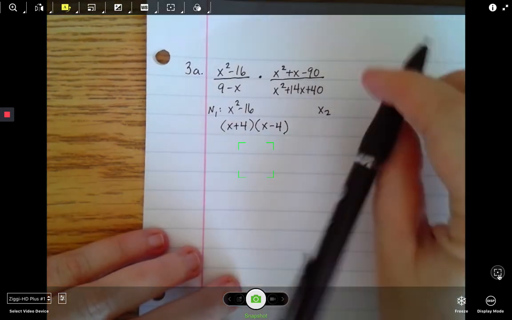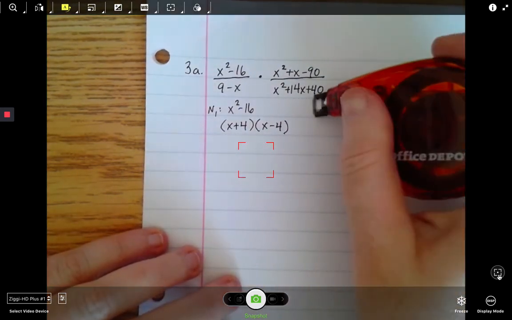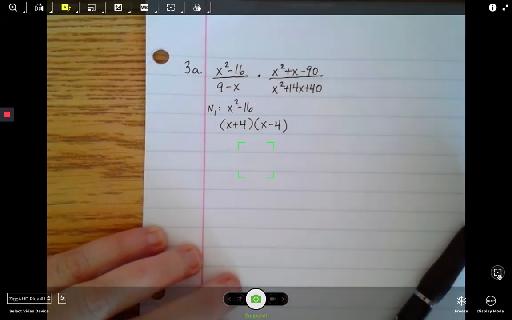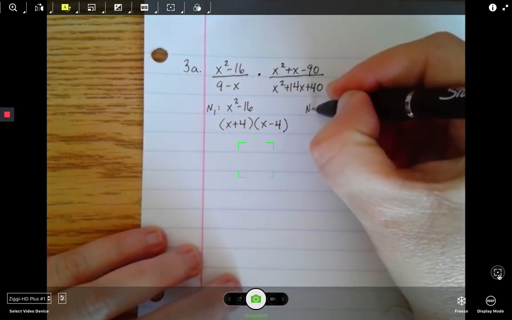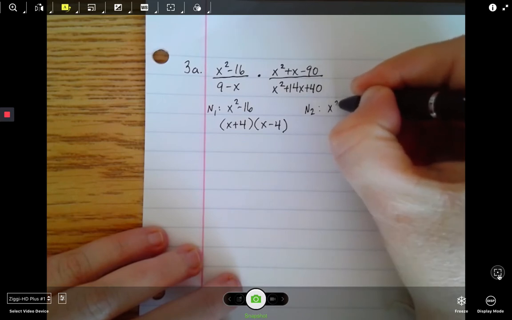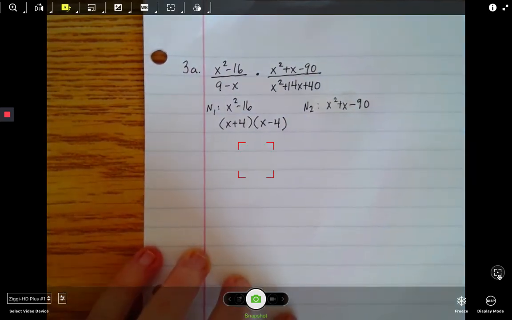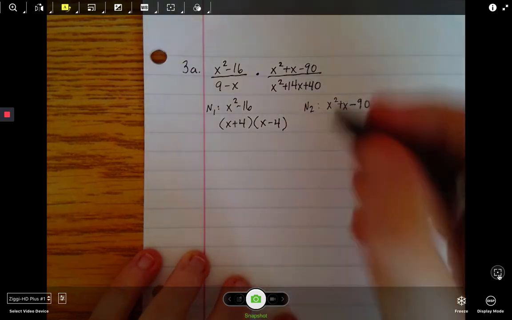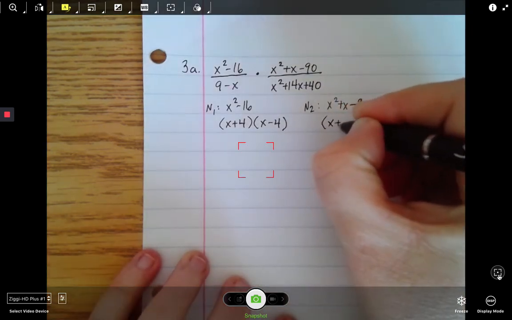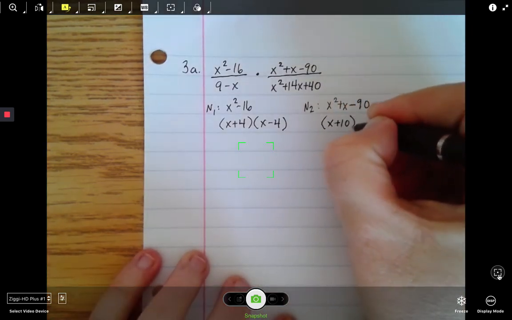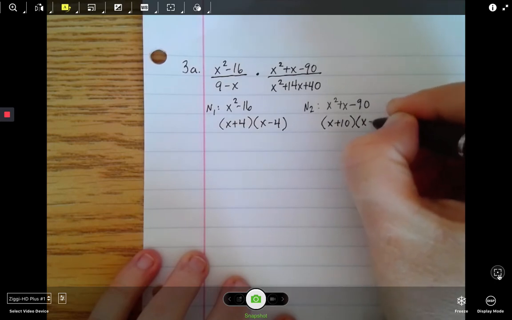Oops, that's supposed to be x squared, not x sub x. Next, I've got numerator number 2, where we're going to have x squared plus x minus 90. That's going to be x plus 10 times x minus 9.